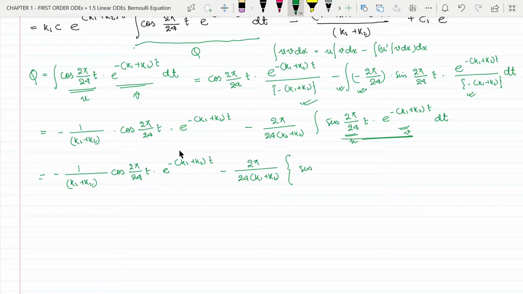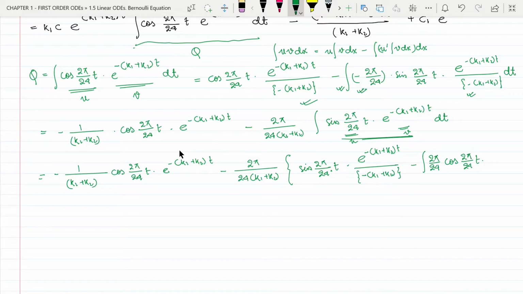So this is sine 2 pi by 24t multiplied by e to the power minus (k1 plus k2)t divided by minus (k1 plus k2), minus integration of derivative of sine 2 pi by 24t, which is 2 pi by 24 cos 2 pi by 24t, multiplied by integration of e to the power minus (k1 plus k2)t.